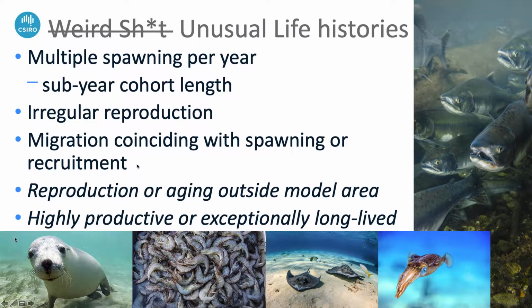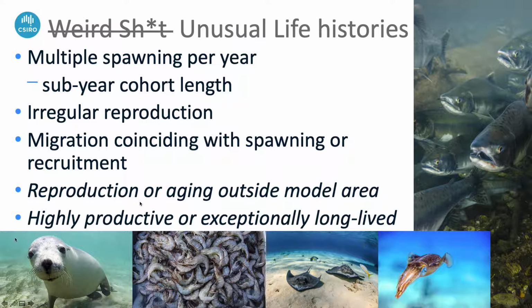There's also some things to think about when you're creating these really unusual life histories, though. And the places where the code can get a bit mixed up or things can look like it's a bug, and we're very happy to try and fix these, is we spend a lot of time trying to deal with situations where the migration is coinciding with spawning or recruitment, as things that come out of the model and come in or leave the model right around the same time. That can make calendaring those events and making sure they all happen smoothly quite difficult.